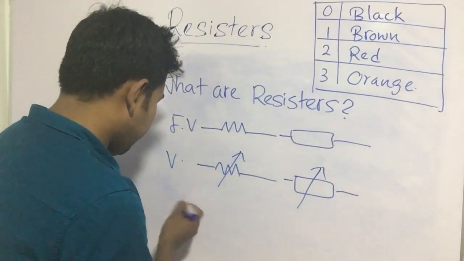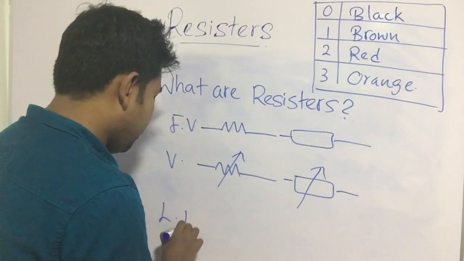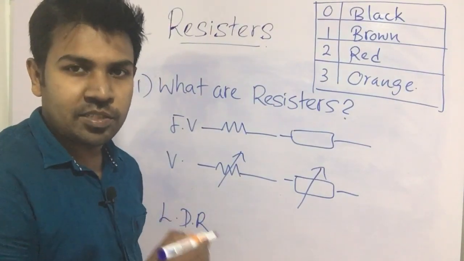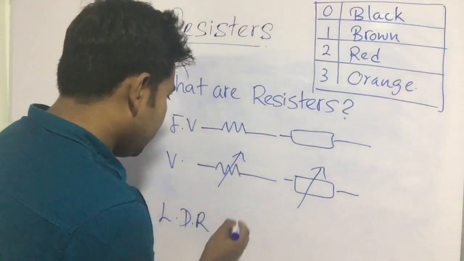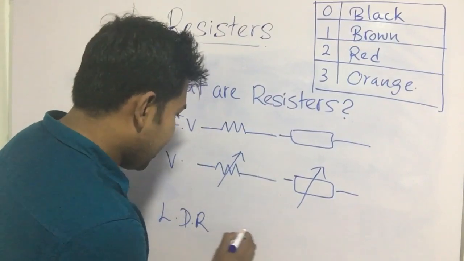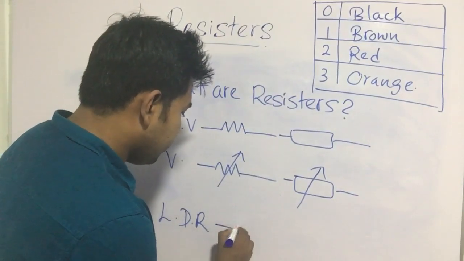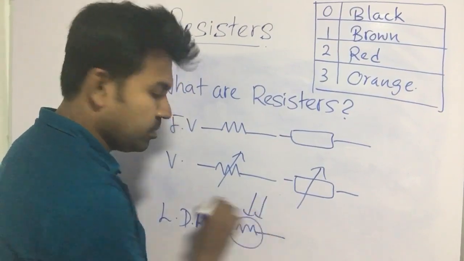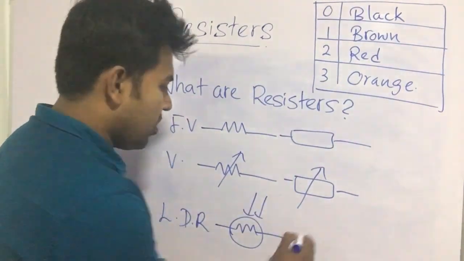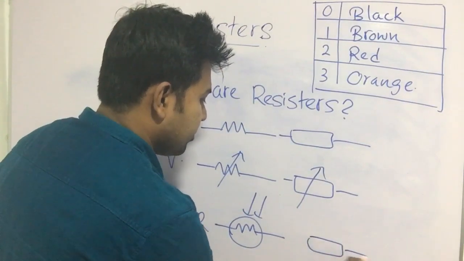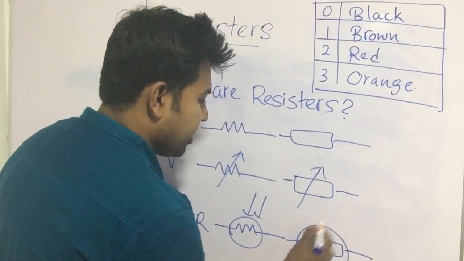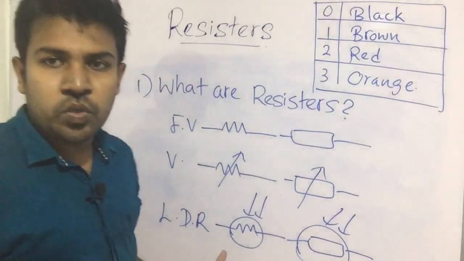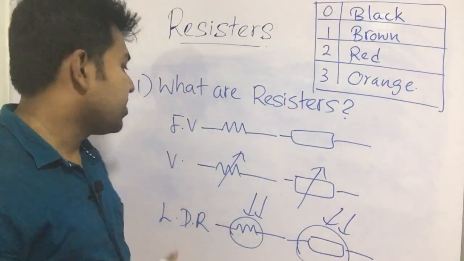And for the light dependent resistor, called an LDR, you may have heard about that, it's like this, or else sometimes you can see like this. So these are the basic symbols that we use for the three types of resistors.